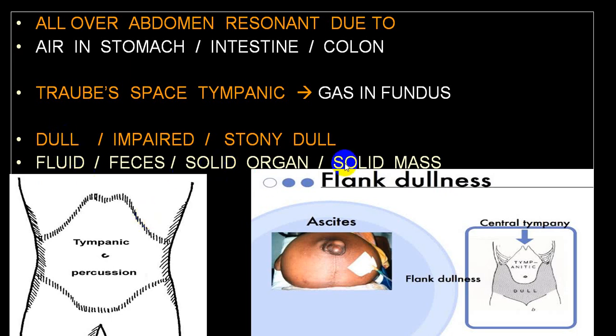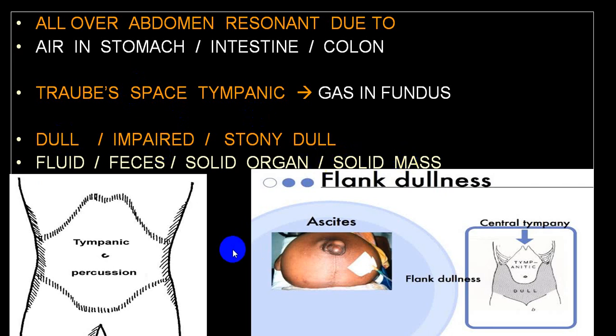A solid mass like malignancy, a big lymph node, or say enlargement of uterus, ovarian cyst, or ovarian mass, teratomas, etc. We call solid mass. They will be dull. So those structures will give you a dull note.